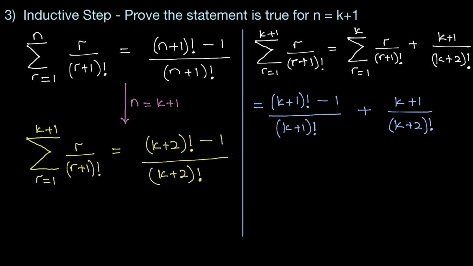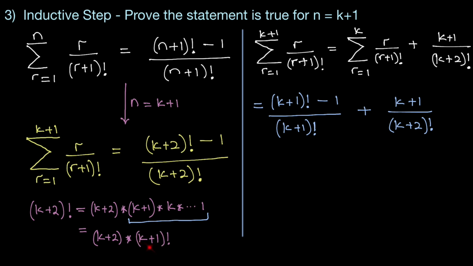So what we now need to do is, this is k plus 2 factorial and this is k plus 1 factorial. I want to make them the same denominator. So the best is to multiply by k plus 2. For example, k plus 2 factorial will be equal to k plus 2 times k plus 1, times k, times k minus 1, all the way to 1. The k plus 1 times k all the way to 1 is what we call k plus 1 factorial.